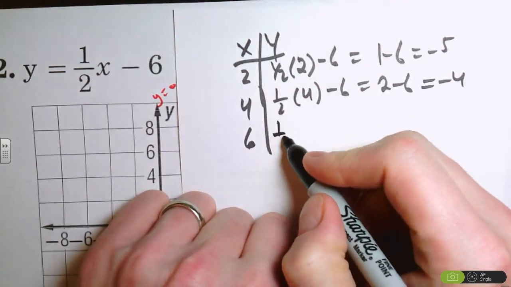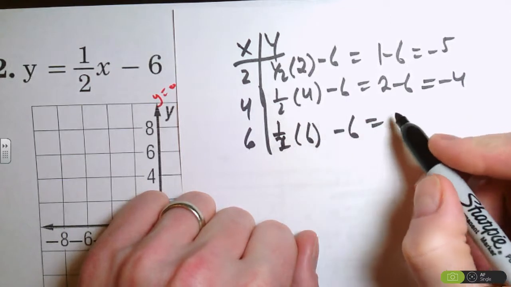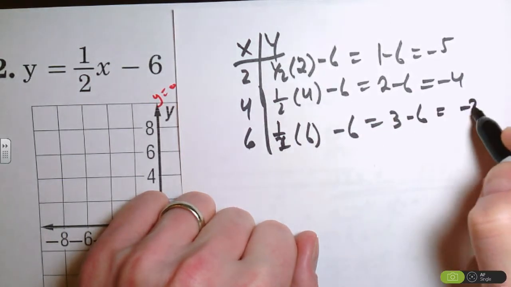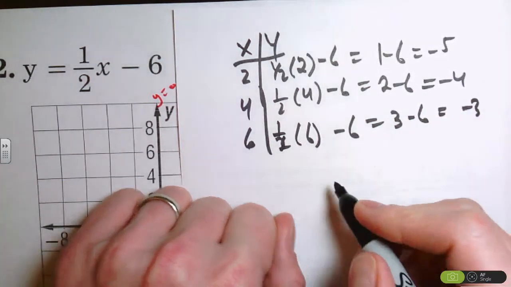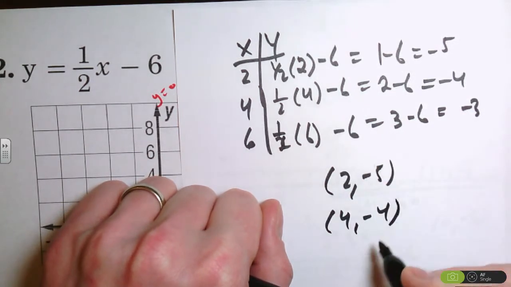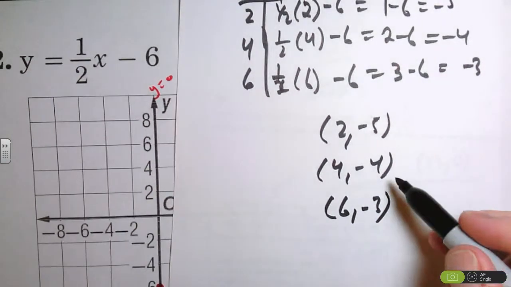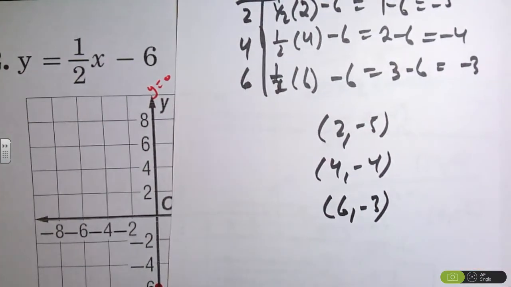And 1/2 of 6 minus 6: 3 minus 6 is negative 3. Now I have these ordered pairs: (2, -5), (4, -4), (6, -3).